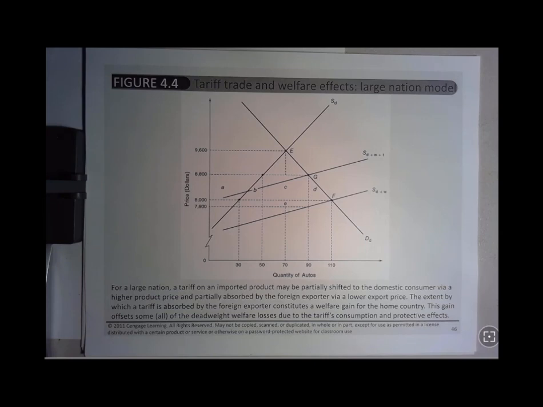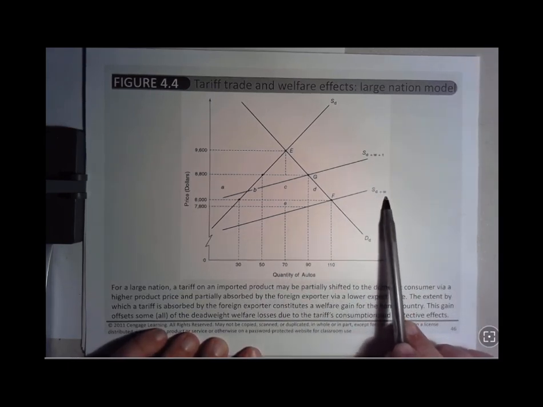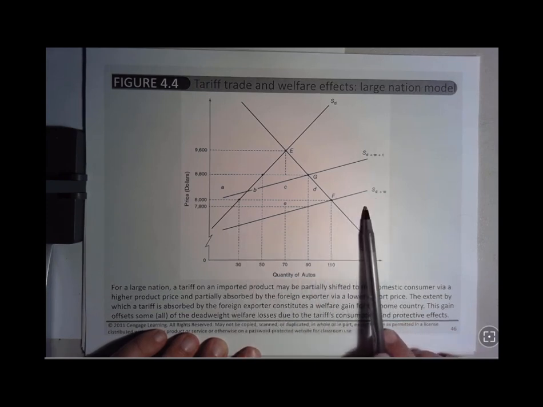Figure 4.4 illustrates the example for a large open economy. So what strikes you immediately is that the supply curve, when we take into account the world supply in addition to the domestic supply, is no longer a flat curve.